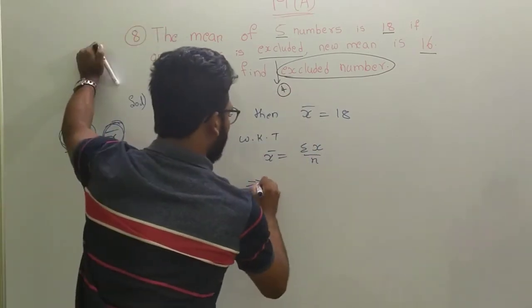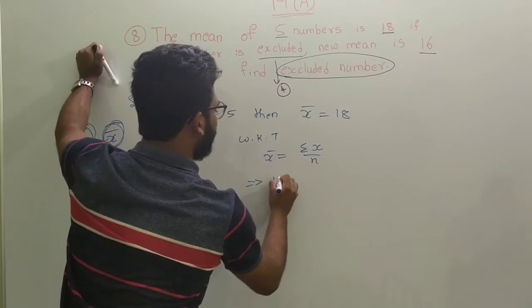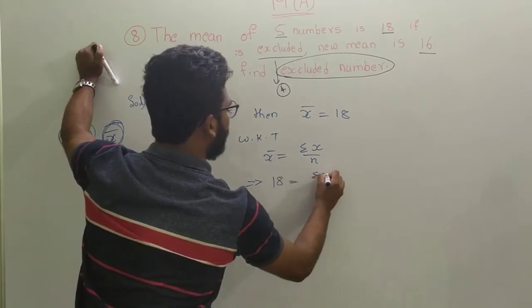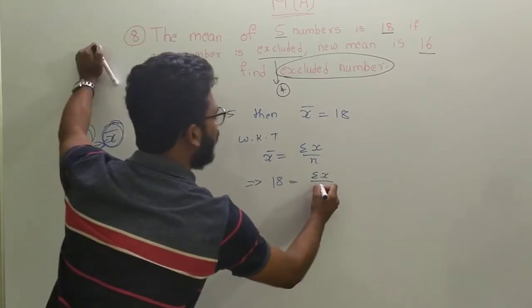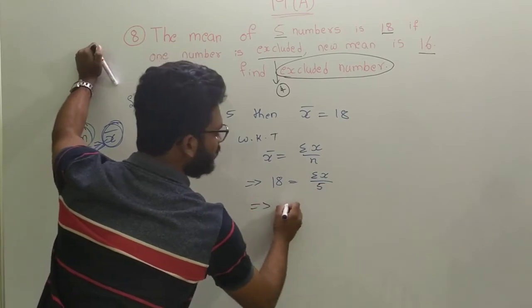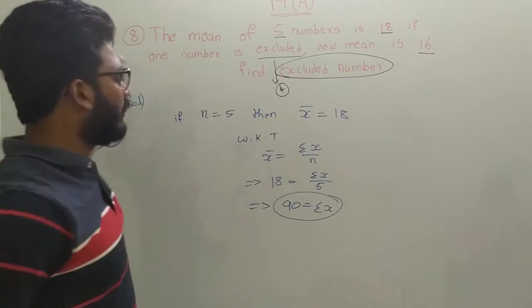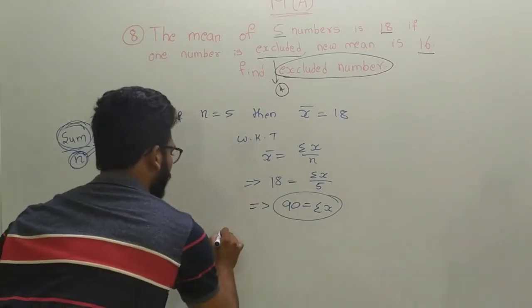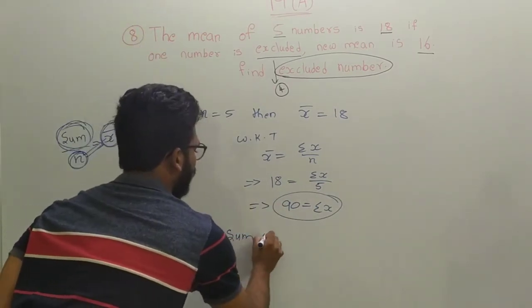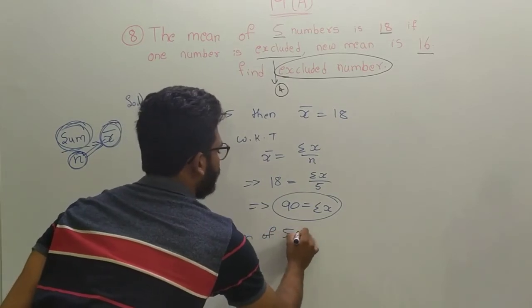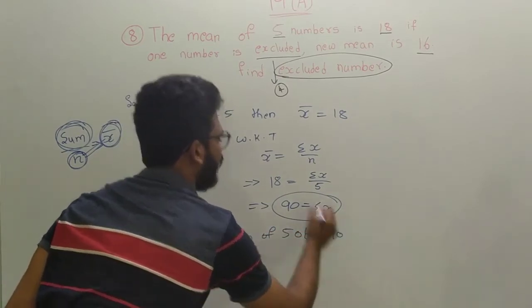So 18 is equal to the sum of 5 observations by 5. So 18 into 5 is 90. This is the first sum. Therefore, the sum of 5 observations is equal to 90.